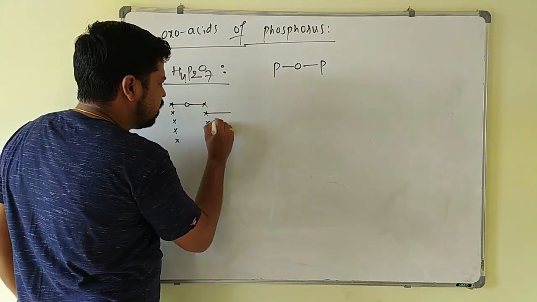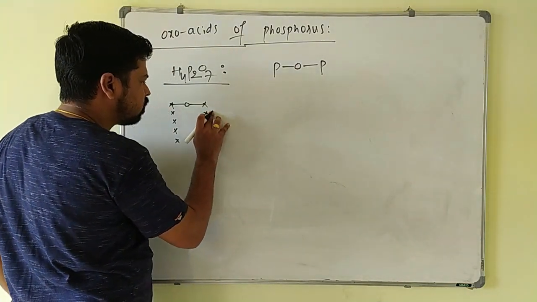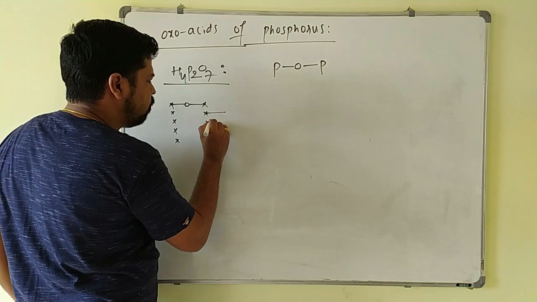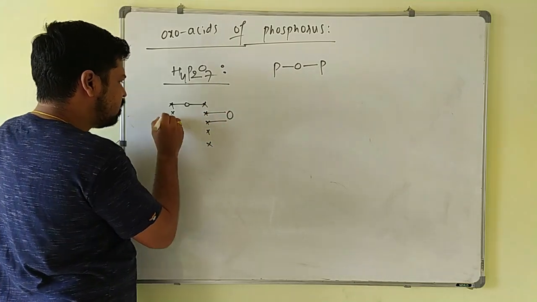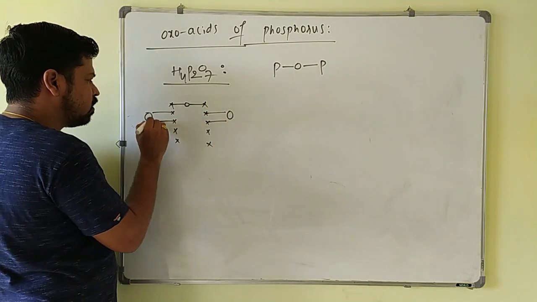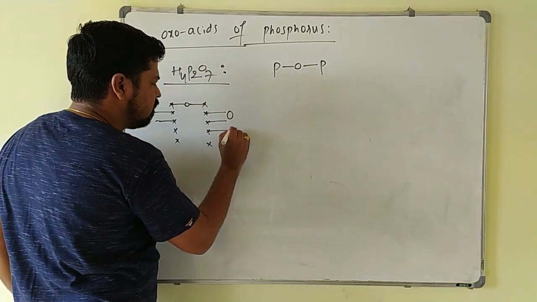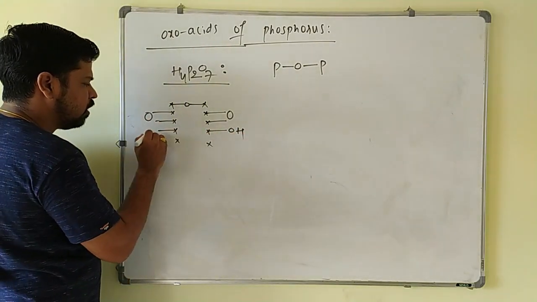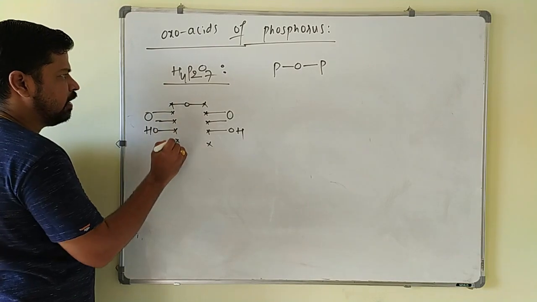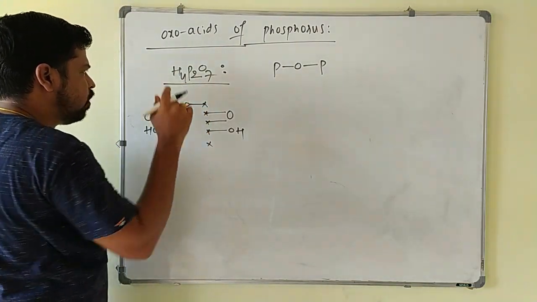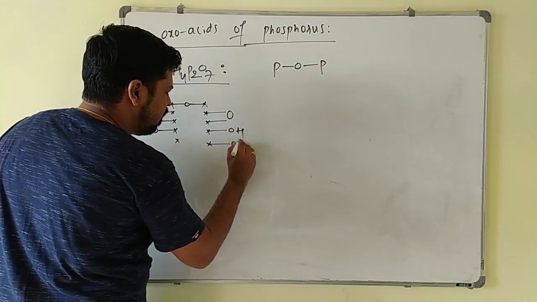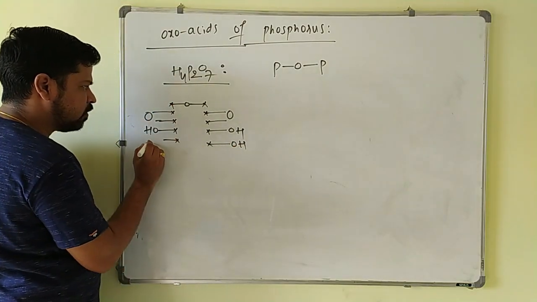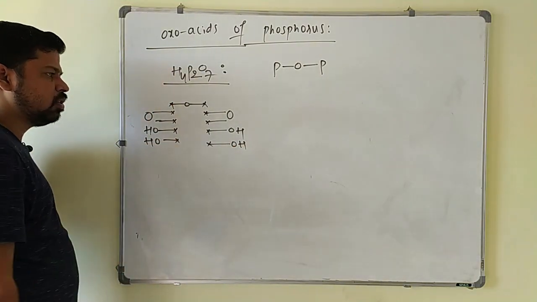Now each phosphorus has a double bond oxygen, this also has a double bond oxygen, and one OH bond, and it also has one OH bond here, and still two oxygens are there and two hydrogens are there. You can write one OH on this phosphorus and another OH on this phosphorus.